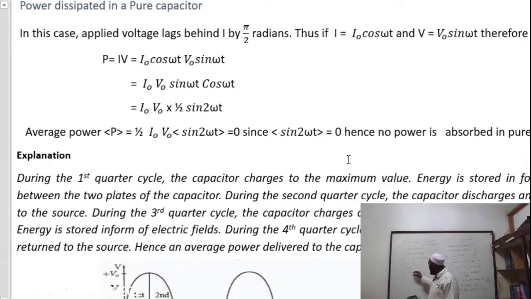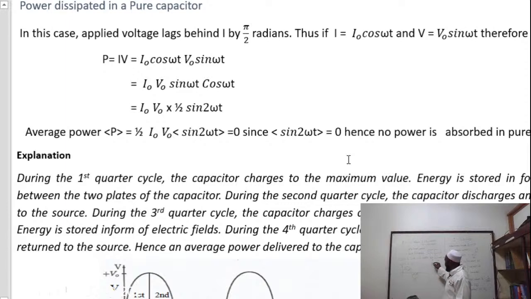In the next quarter cycle, the voltage increases but in a reverse direction. The capacitor charges, energy is stored in the electric field of the capacitor. In the fourth quarter cycle, the voltage is decreasing to 0.